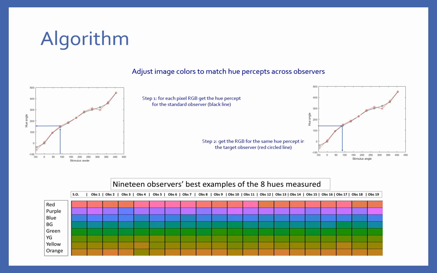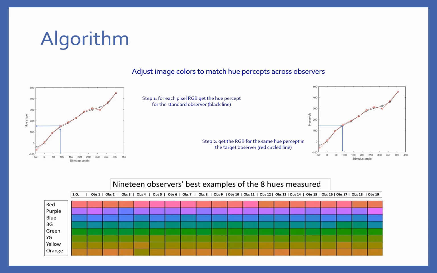The first step was to identify a standard observer made by the average of all the observers' tests. For each pixel RGB, we got the corresponding hue perceptual angle. So the black line is the standard observer. Then we made the inverted process for each observer.